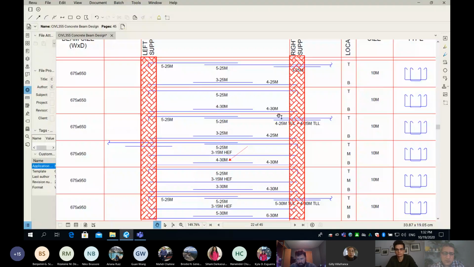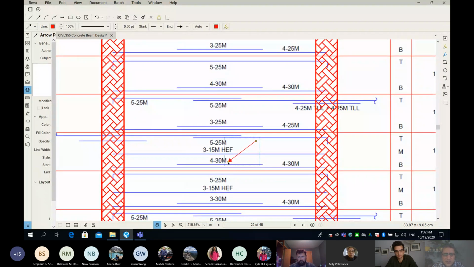Let's go back now. Also you can see on the same diagram there is something called 3-15M, HEF. By the way, I'm not asking you to know what HEF is, because it's not a secret. If I print the first few pages of any structural set, they have the abbreviations.